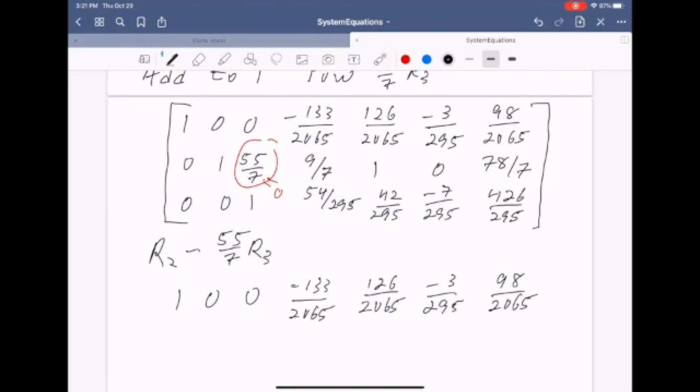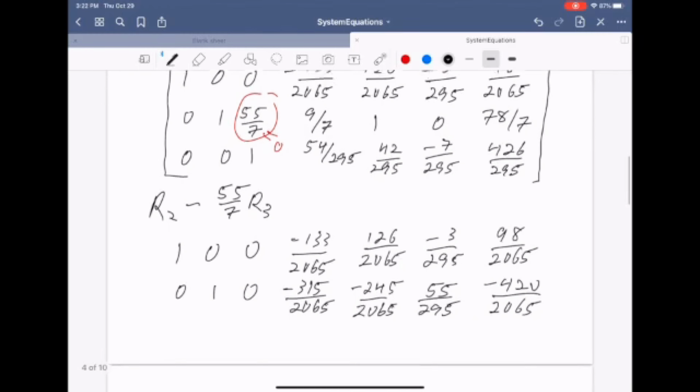And then the second row becomes 0, 1, 0, and we get minus 315 over 2065, minus 245 over 2065, and 55 over 295, and minus 420 over 2065.